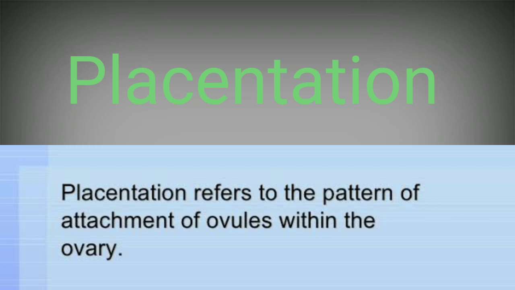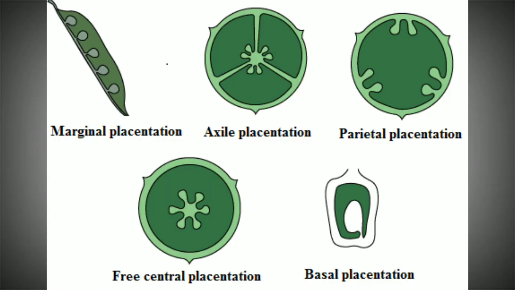Now, there are certain chambers within the ovary, and these chambers where the ovules are borne are called locules. For example, in the marginal placentation that we have discussed just now, there is only one locule, that is, only one chamber. Now there are other types of ovaries where there are many chambers, and therefore it is called multilocular.